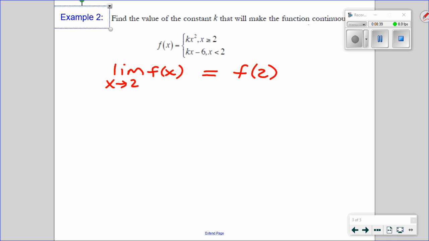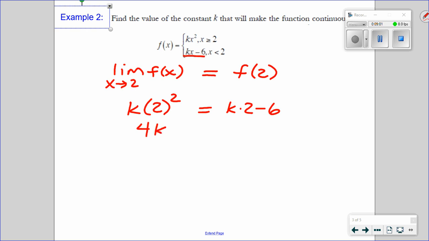So if I plug in 2 into the kx squared for x, I'll get k times 2 squared, okay, equals, and if I plug in 2 for the bottom, I'll get k times 2 minus 6. But I'd probably rewrite this. 2 squared is 4.